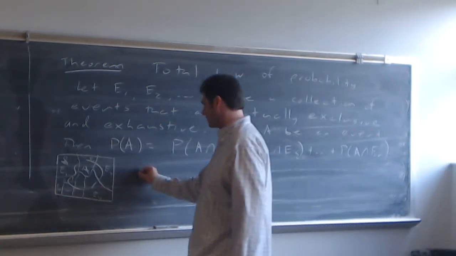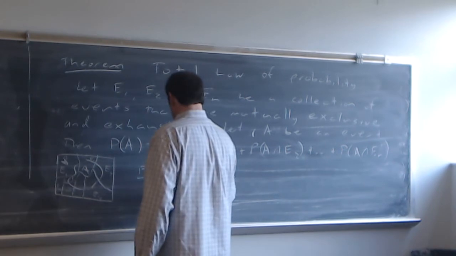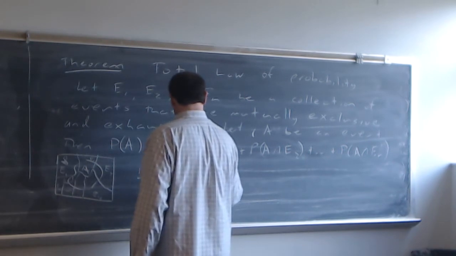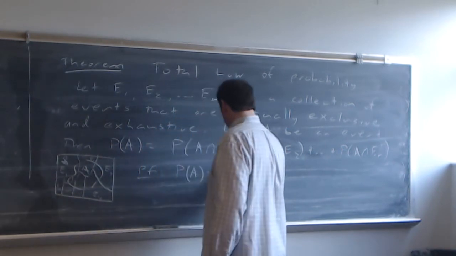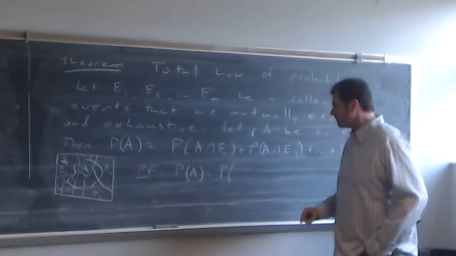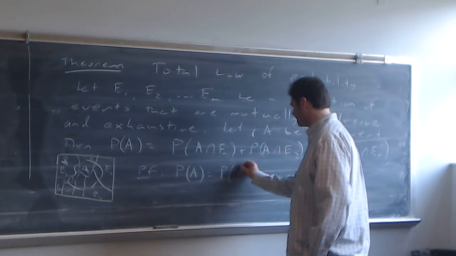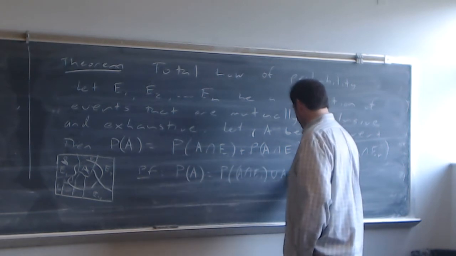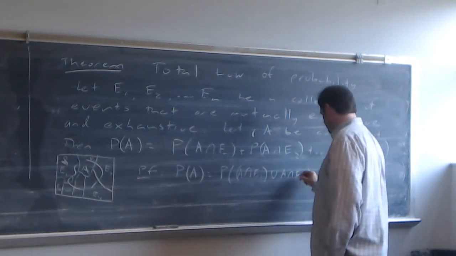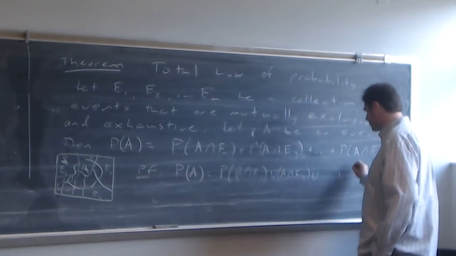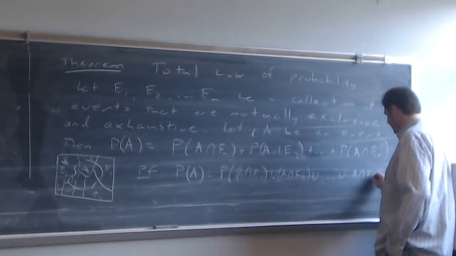So here's the proof. The probability of A, we could rewrite A as A intersect E1, union with A intersect E2, union, all the way up to union A intersect En.